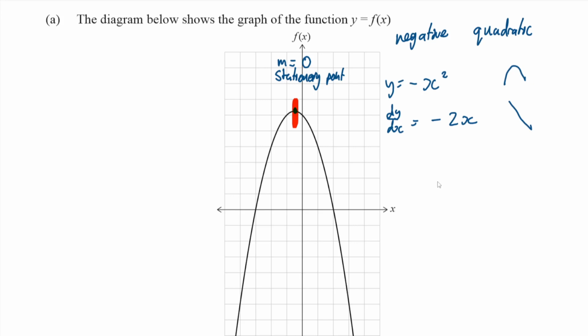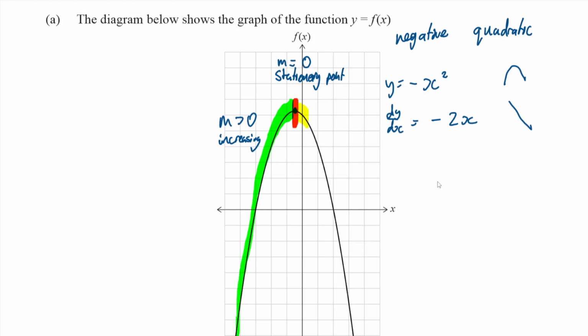Gradient 0. Now to the left of that point, how would you describe this gradient? Right, it's positive. So the gradient is positive, or it's greater than 0. We call that increasing.